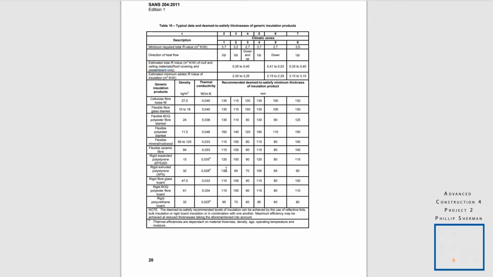So for 100, it gives me a resistance of 3.35, but including the other materials, because we're not just using the insulation board as our roof, we have multiple layers. I have a 3.35, and then that allows with the other materials to give me a certain resistance. What do I mean by this? Let's go do a summary again.